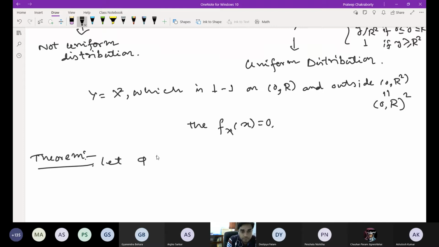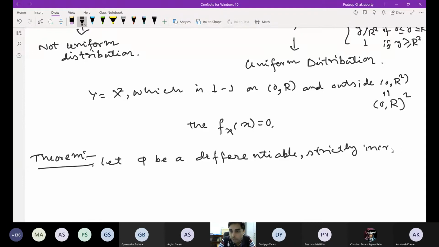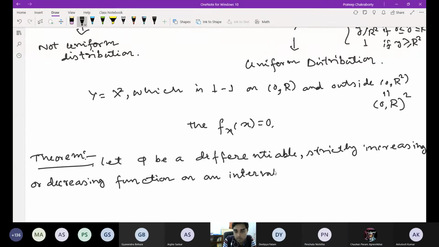Let phi be a differentiable, strictly increasing or strictly decreasing function on an interval I. Let phi(I) denote the range of phi and phi inverse the inverse function to phi.